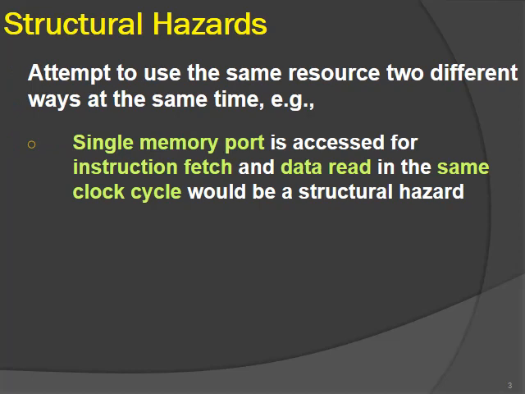So first we have structural hazard. A structural hazard occurs when there is an attempt to use the same resource in two different ways at the same time. It means that if we have a single memory port and it is accessed for two different stages at the same time, a structural hazard occurs during the pipelining process.